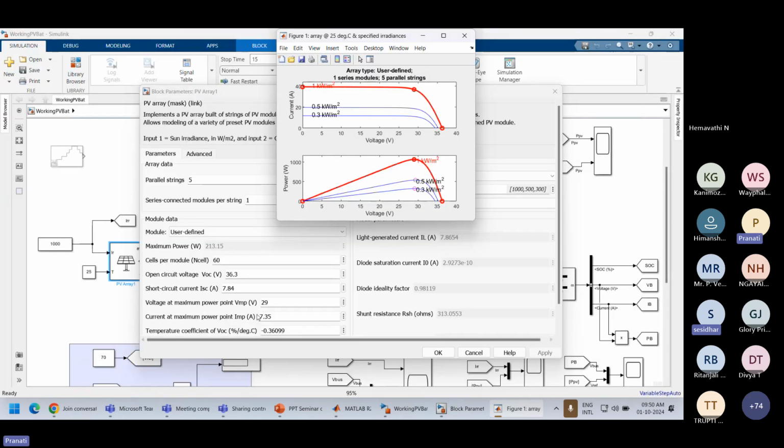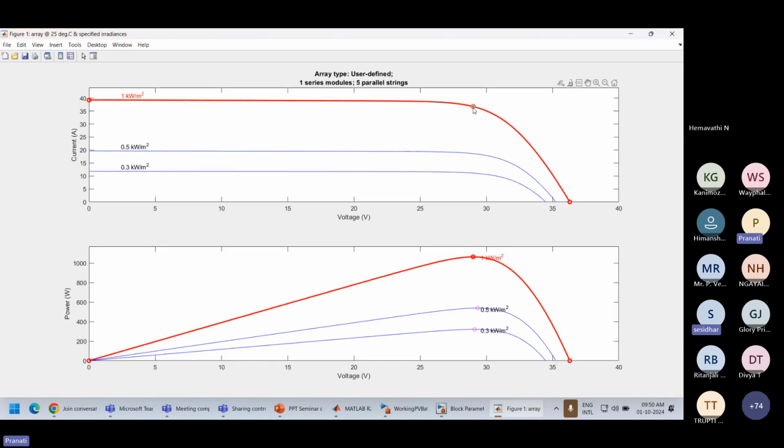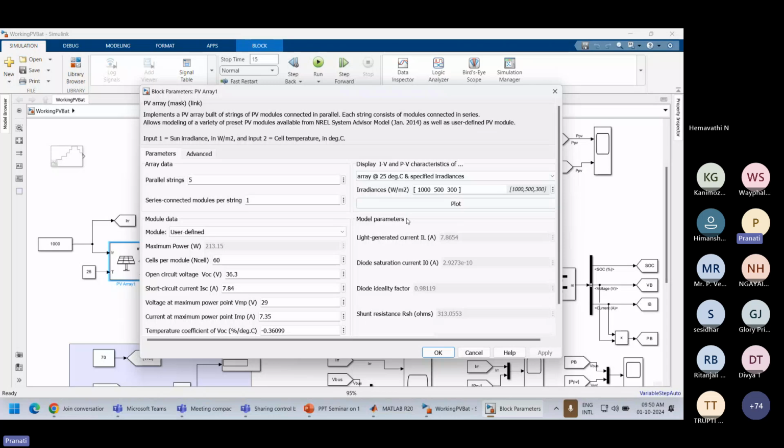The current at the maximum power point is 7.35, multiplied by 5 will get you 36.75 ampere at the maximum power point tracking of 1000 watt per meter square. Similarly, we have different values at 500 watt per meter square and 300 watt per meter square. We can plot it for different values of temperature as well.